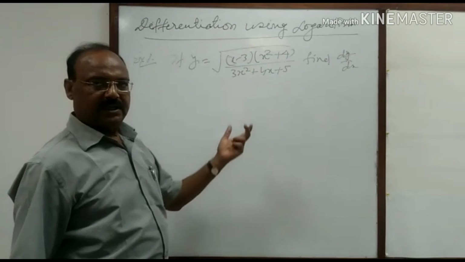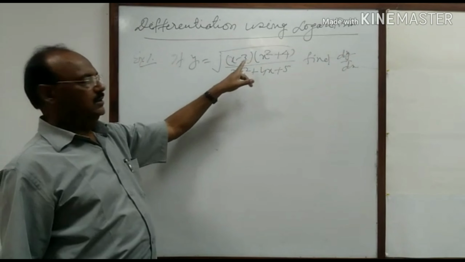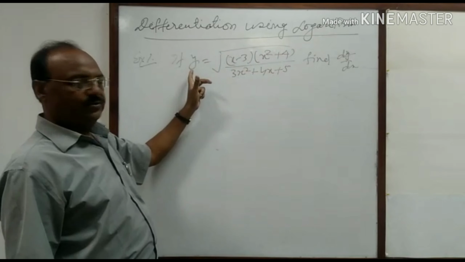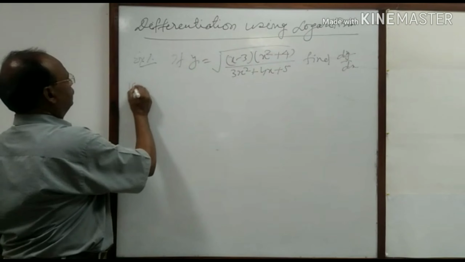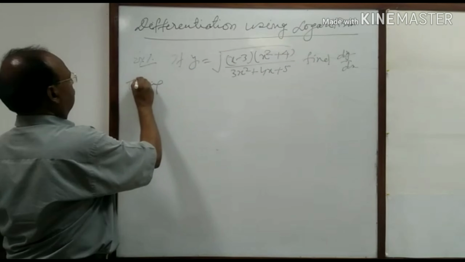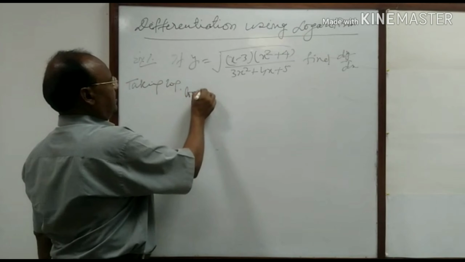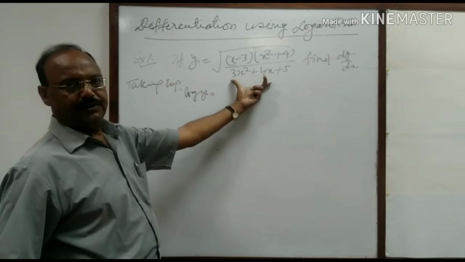As we have discussed just now, this expression is in the form of a square root, meaning power half. So it is better to take logarithm on both sides. Taking log on both sides, we can write on the left side log of y is equal to log of this much.